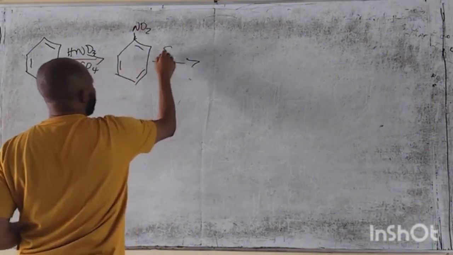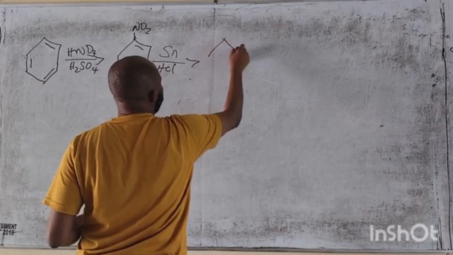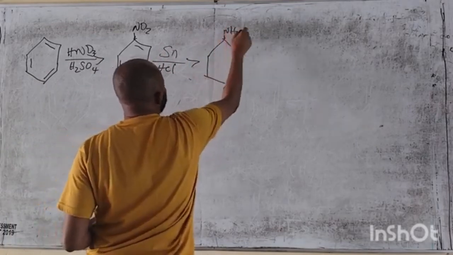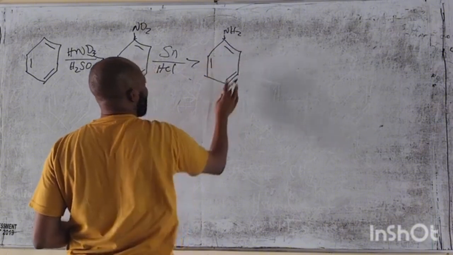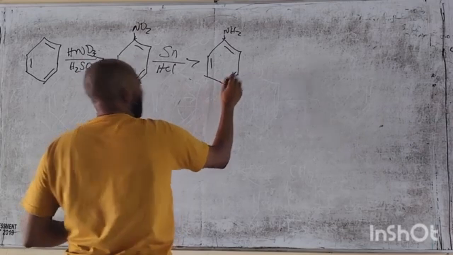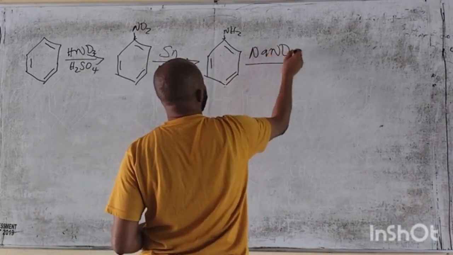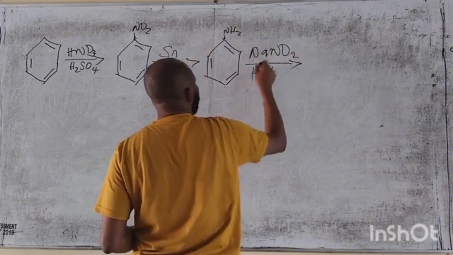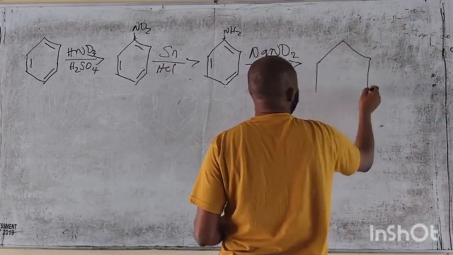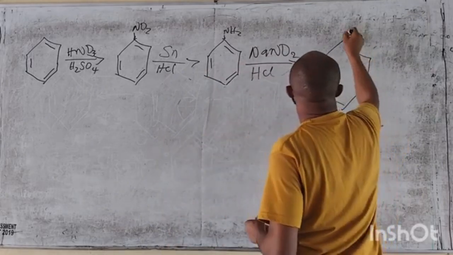When this goes in the presence of HCl, I'll change that to amino, NH2. Then let's go with nitrous acid in the presence of HCl. It will convert that into benzene diazonium chloride.